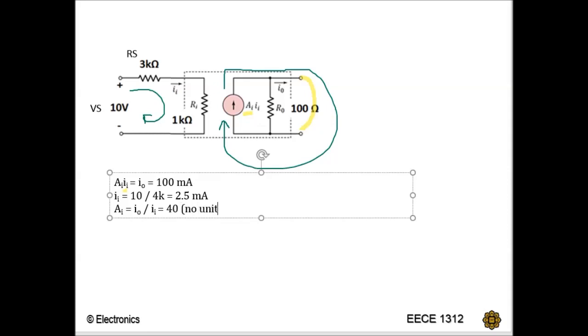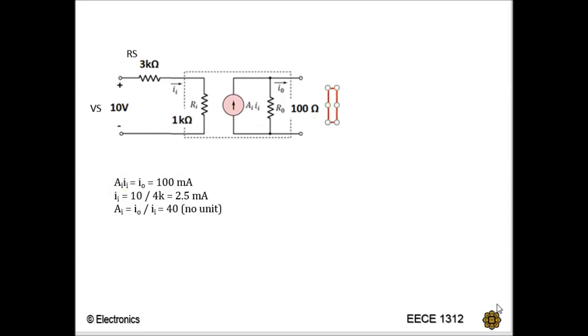No unit, right? The last question says, what if I have a load at this terminal. So now I have a resistor. Let me just draw it, for example, this is a resistor and the value is, I think, 25 ohm, right?